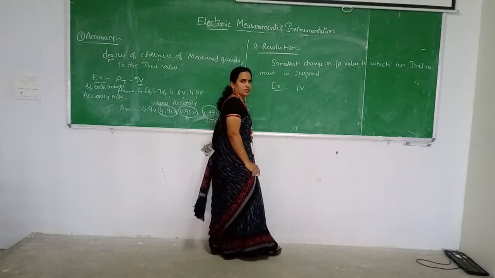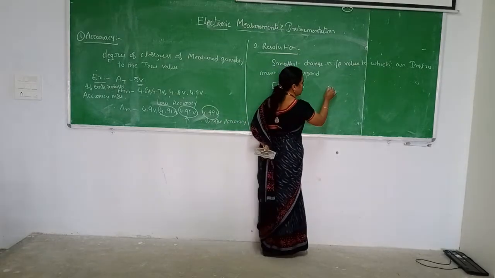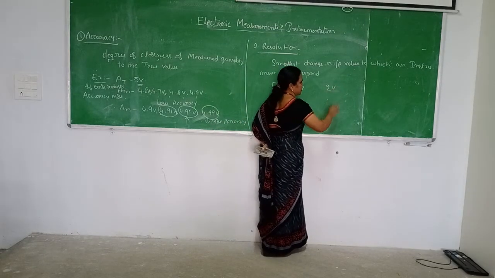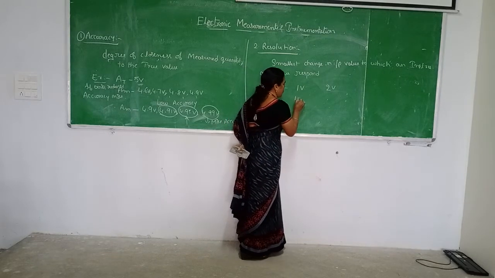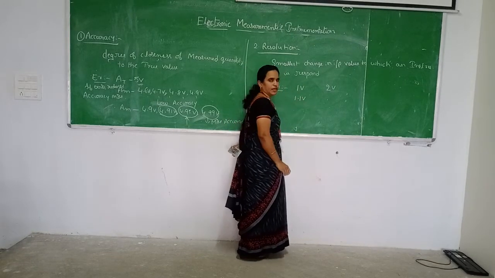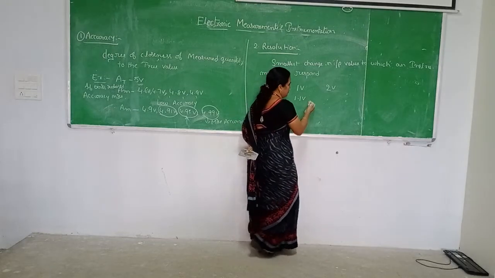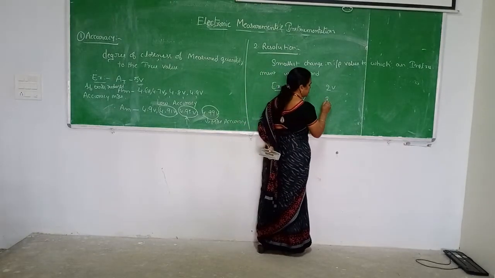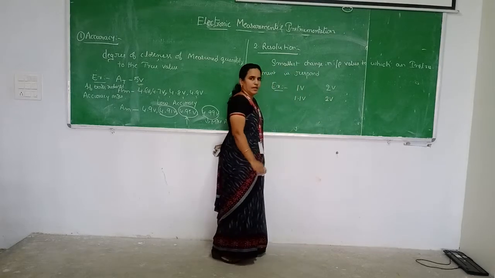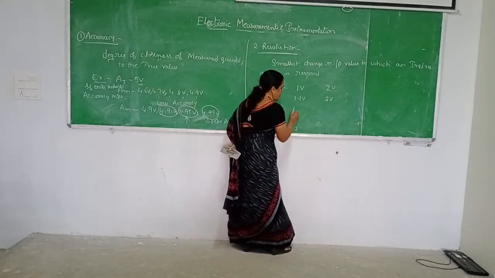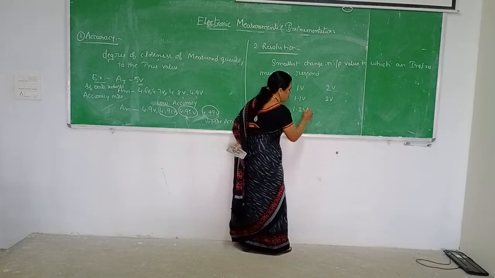Say I apply 1 volt, then the corresponding output voltage is 2 volts. Next, I am applying 1.1 volts to the input. Then it gives the corresponding output of 2 volts. Next, I am applying an input of 1.2 volts.